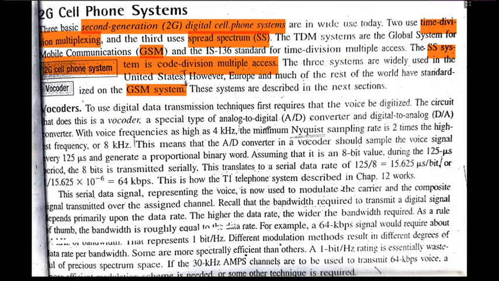We know that the coder will compress the voice code signal, and thereafter it is modulated and transmitted through the transmitter.